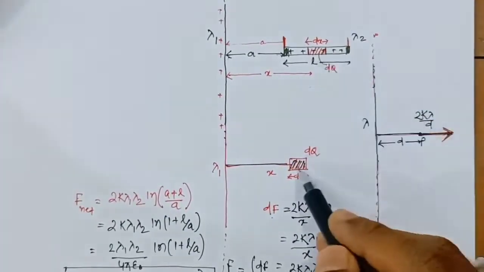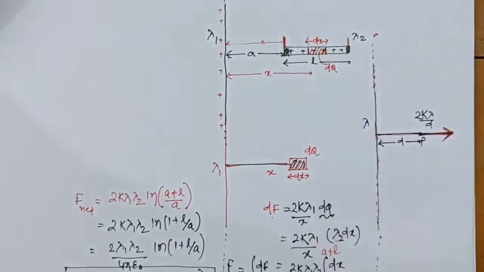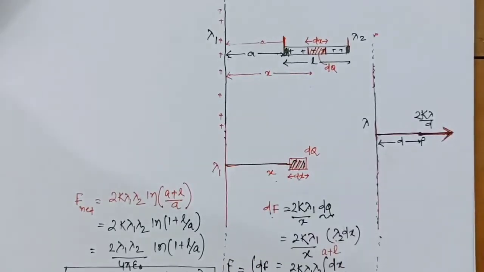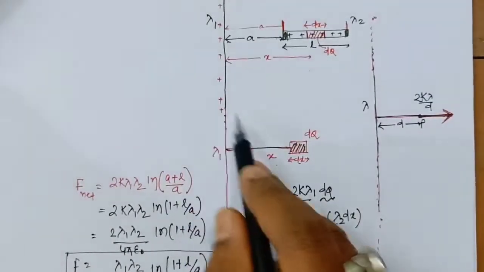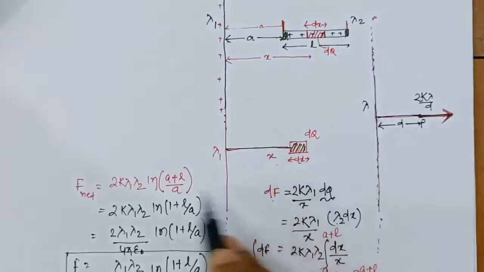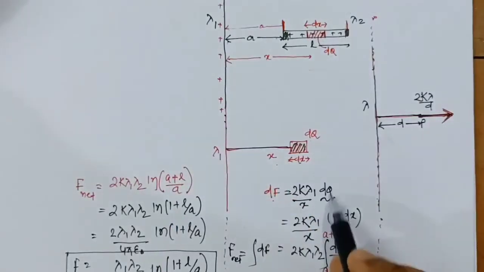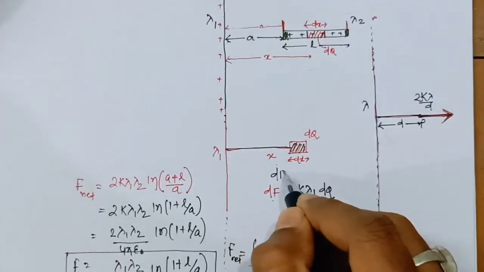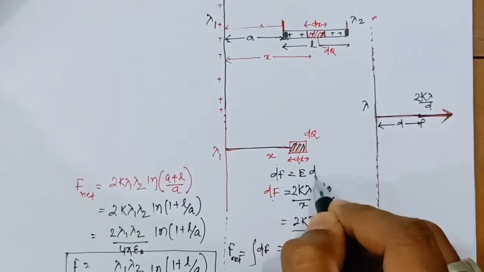I consider this element, the element is dx, length is dx, charge is dq, and it is exactly at a distance x. So I'll write the electric field of this infinite line charge, and I will multiply the value of dq. I'll get the expression of force, because force is nothing but electric field into dq.